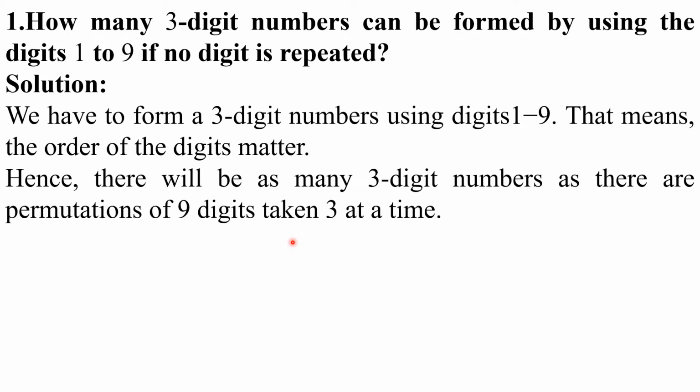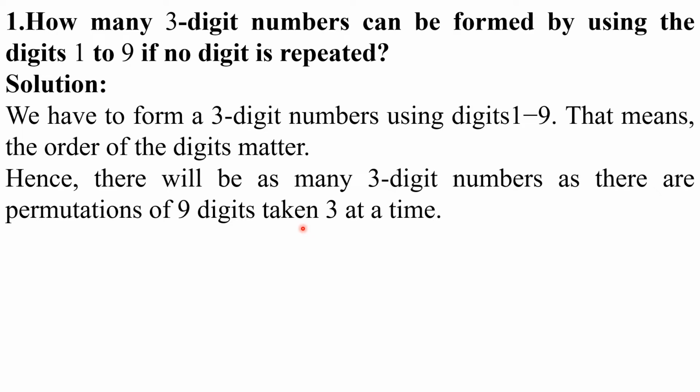We have taken 3 digits at a time out of 9 digits. The number of permutations of 9 digits, where only some objects are taken. Total number of objects is 9. Out of these 9 objects, we have taken 3 objects at a time. In the previous slide, we denoted this in the form of a notation.